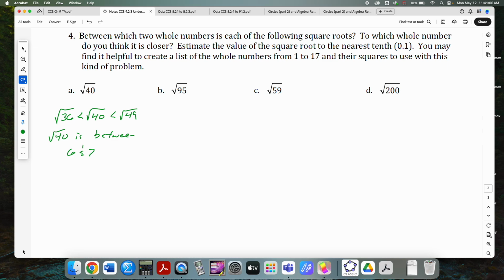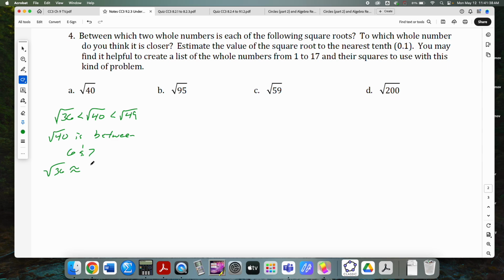Which one do you think it would be closer to? It's probably closer to 6. It said it wants us to estimate the value to the nearest tenth. So what do you think? It's probably closer to 6 than 7. And I am asking for your best guess.